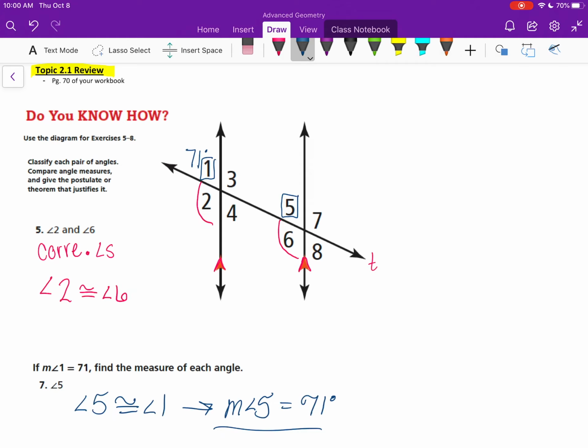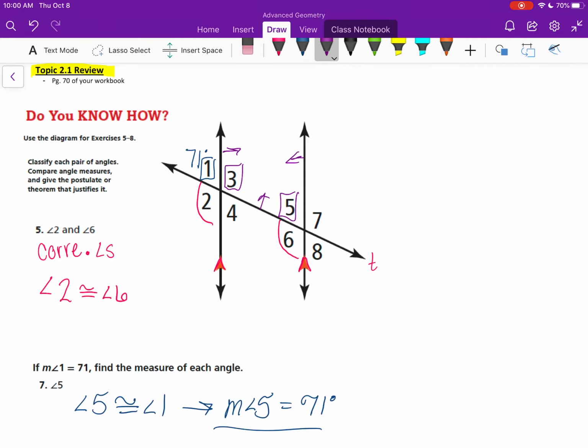There are also several other theorems that we learned about. We learned about alternate exterior angles, alternate interior angles, and same side interior angles. Same side interior angles would be angles like 3 and 5. They're on the same side of the transversal, and they are inside the parallel lines.